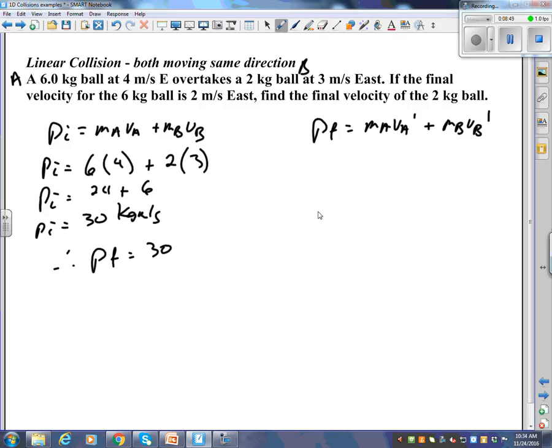PF is 30. The mass of A is, again, 6. The velocity of A after looks like it's 2. The mass of B doesn't change, it's 2. Find the velocity of it, so VB prime.